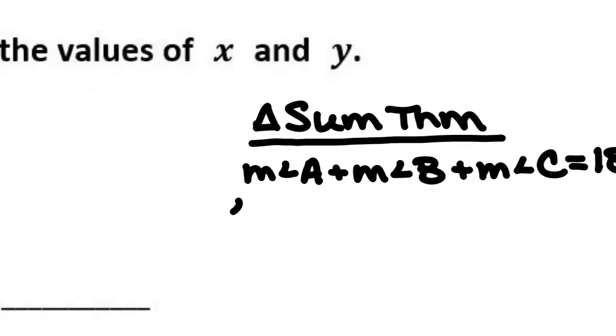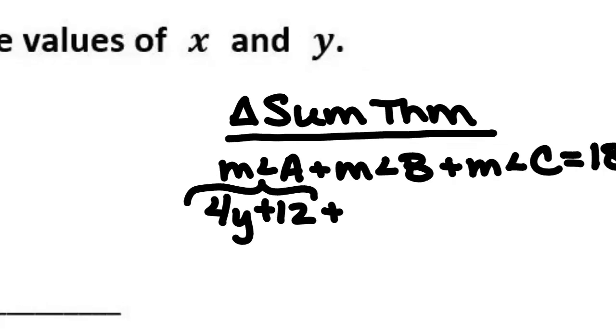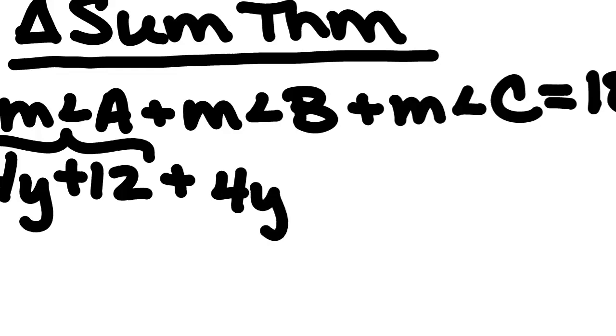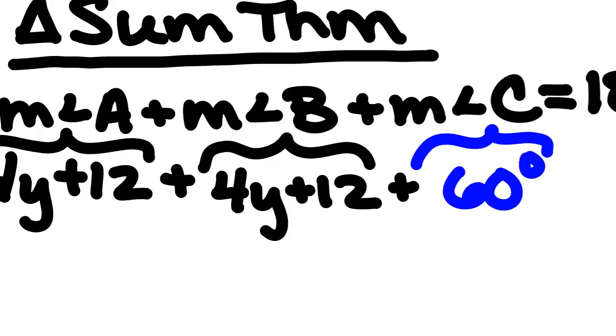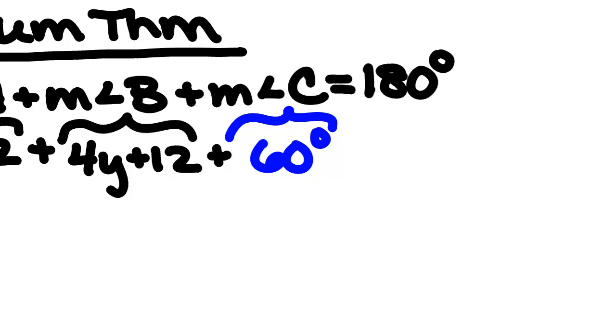Angle A is 4y plus 12. Angle B is also 4y plus 12. And angle C is 60 degrees. Set that equal to 180.